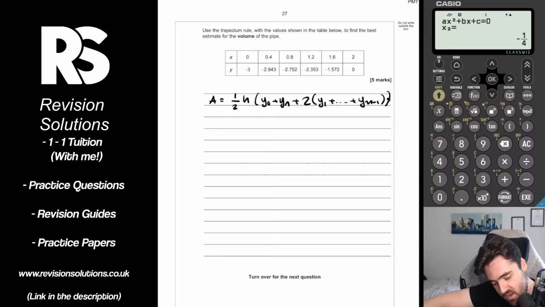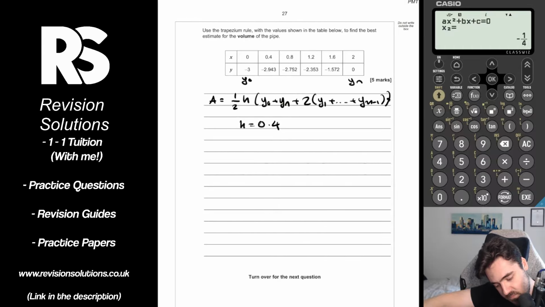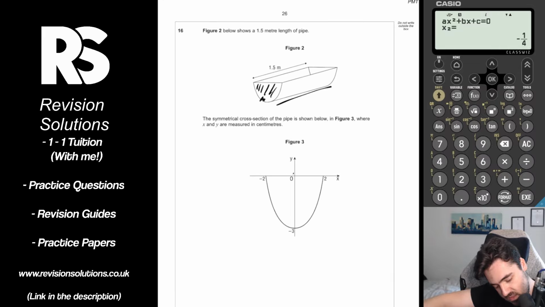First off, our h is the width of each trapezium, so we can see these are separated by 0.4, so h is just 0.4. And then the y values are just here, so this is y0, this is yn, and we're thinking about everything in between. Oh, sorry, actually, notice this goes from 0 to 2, which is a bit sneaky, because that's only half of it, isn't it?